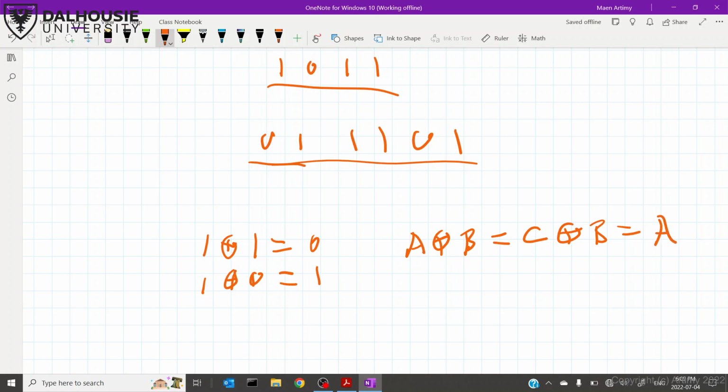So it's reversible. The XOR operation is reversible.